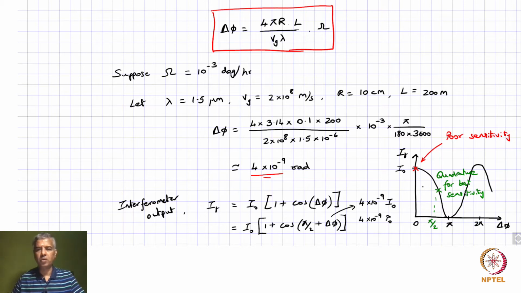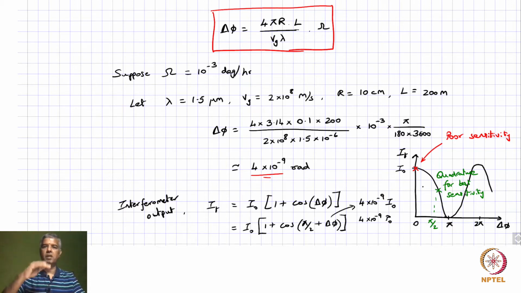If you operate around that quadrature point, then you can improve the sensitivity. But it is a little tricky to operate at the quadrature point because both the clockwise as well as the counterclockwise beams are going through the same path, which is very different from the previous case that we looked at, which is the Mach-Zehnder interferometer.